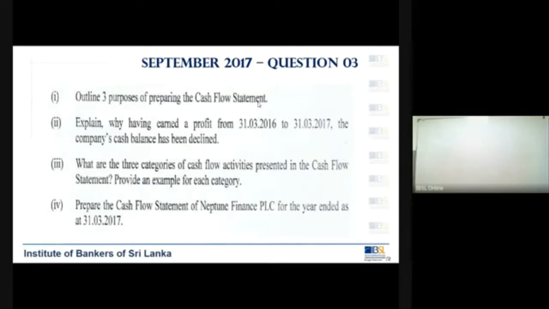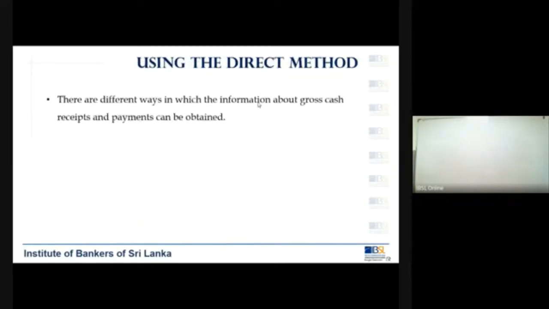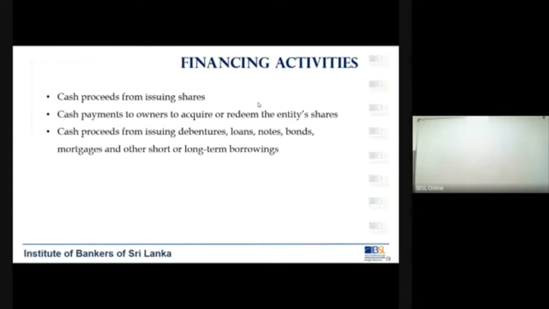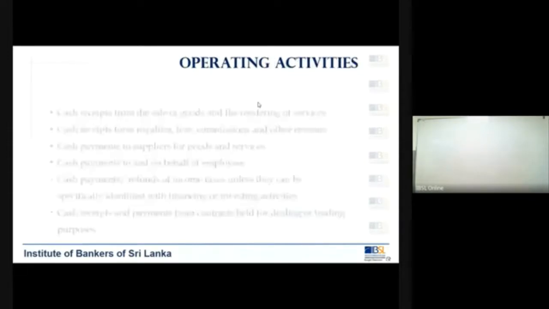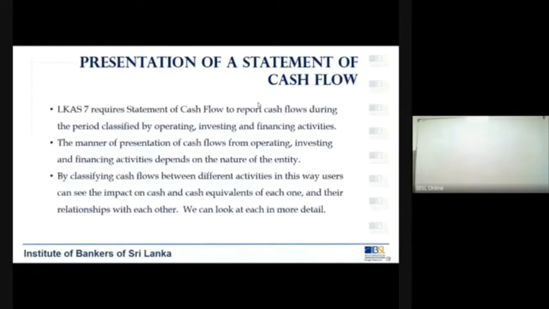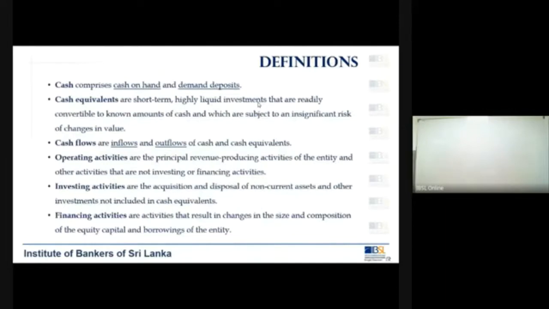Right? Okay. Third part, they are asking, what are the 3 categories of cash flow activities presented in the cash flow statement? Provide an example for each category. So I think I have given more than enough for you. Right? So you have to first say what is operating and what is, I think that definition is here.